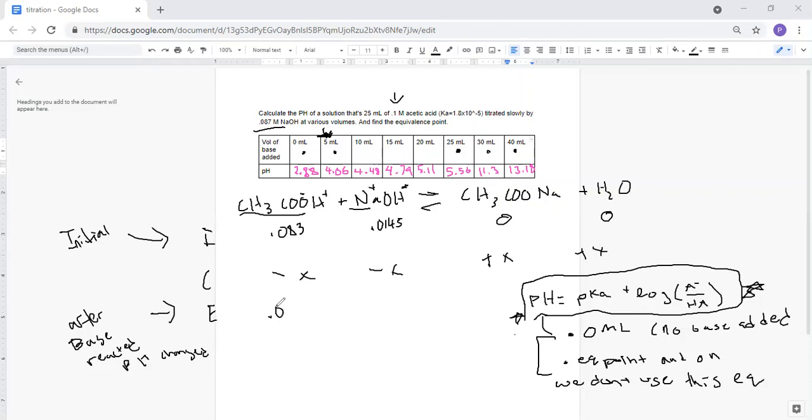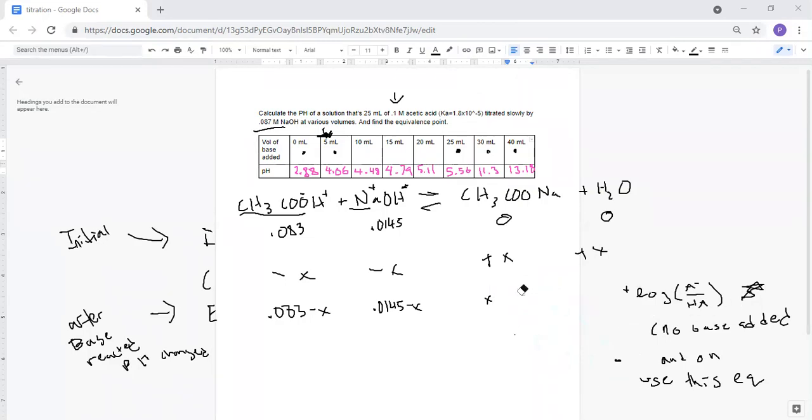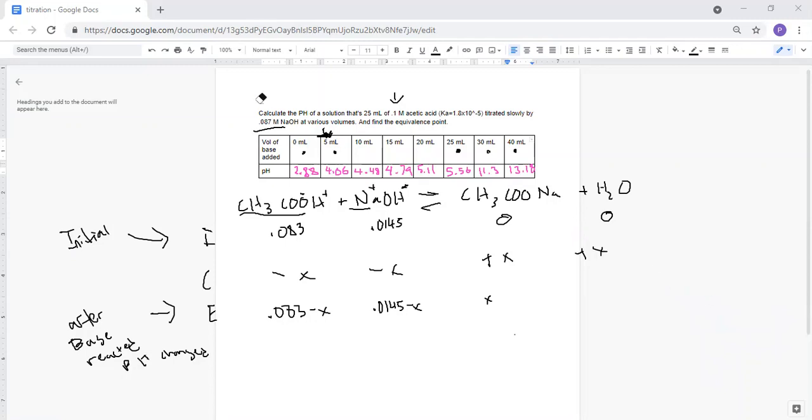So we have 0.083 minus X, and then we have 0.0145 minus X, and then here we just have X. Let me go ahead and get rid of this equation. I'll write it down again later. And here we have X. So now it's like, what's X?